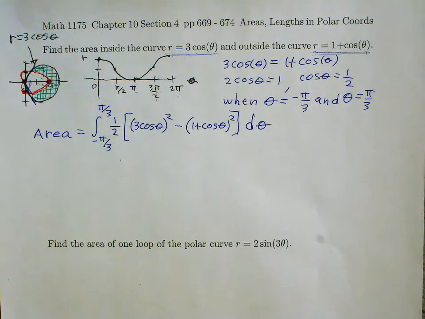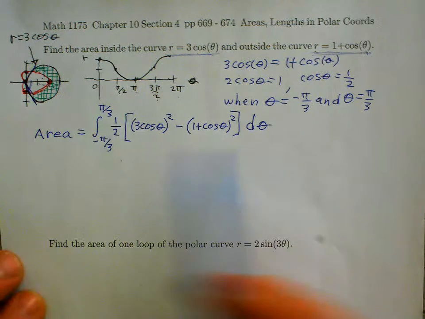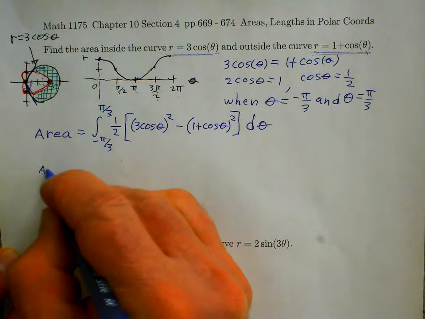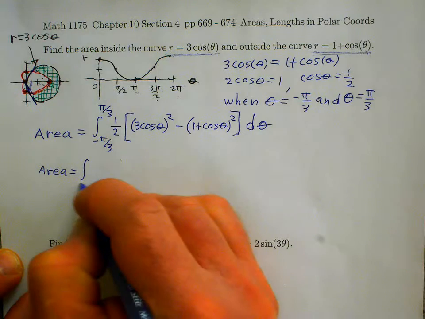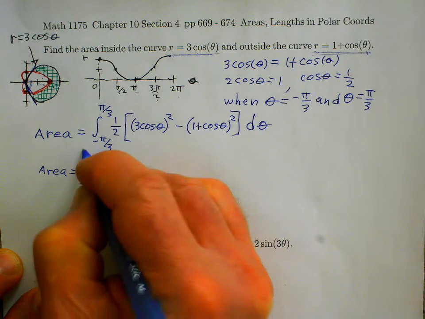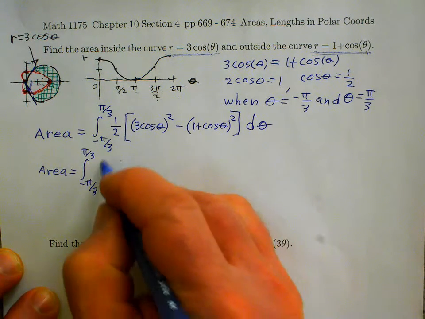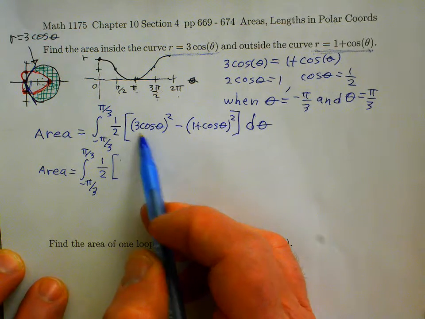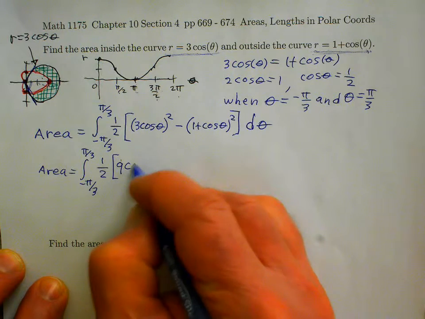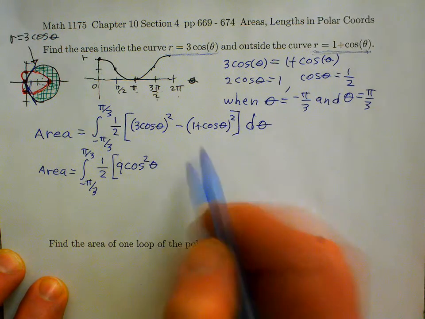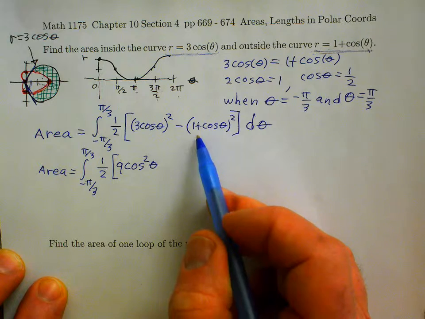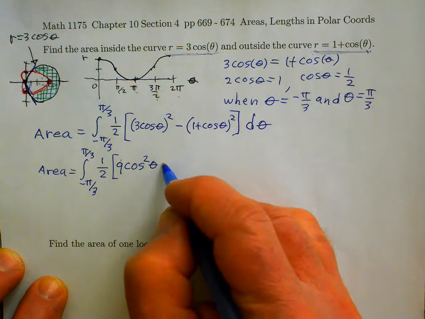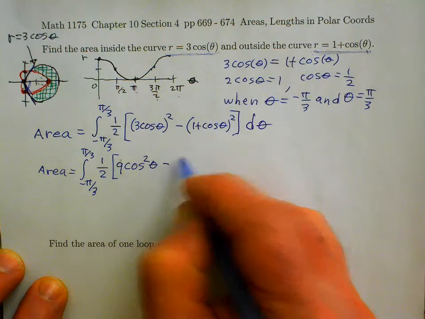We can take it a little bit further right now. So 1/2 times all of this. So when we square 3 times cosine of theta, we get 9 times cosine of theta squared. And then we're subtracting the quantity 1 plus cosine of theta squared. So we'll do a little bit of it in our heads. We have to subtract 1.